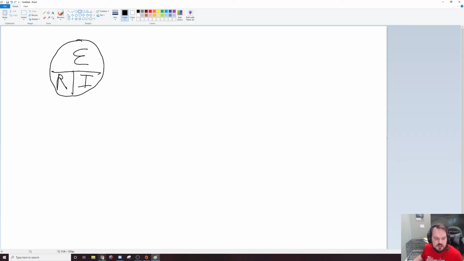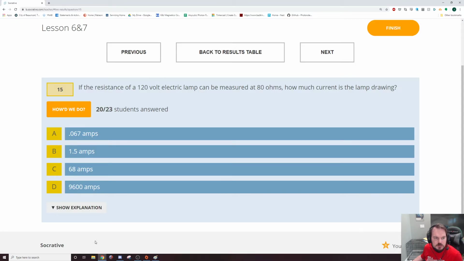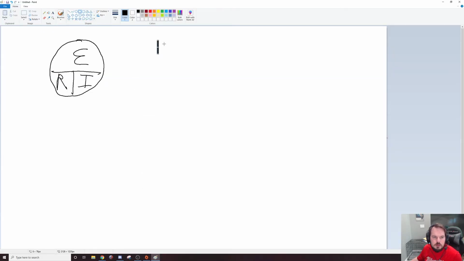So what's the question asking? We have 120 volts and 80 ohms. So 120 divided by 80. Can y'all see that?